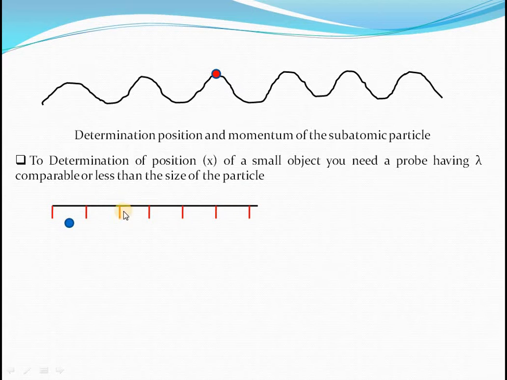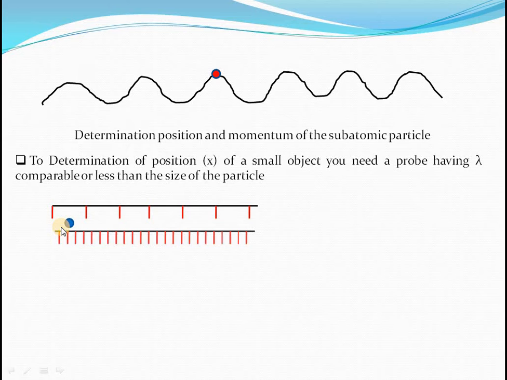As you can see, the separation between two successive lines in this ruler is very much greater than the size of this particle. So by using this ruler, we will get the size of this particle with a very high uncertainty.